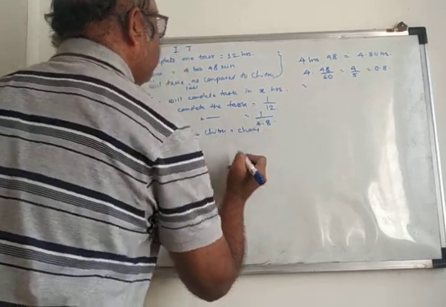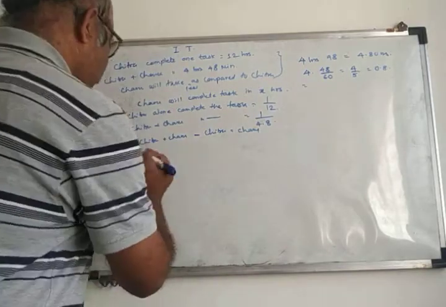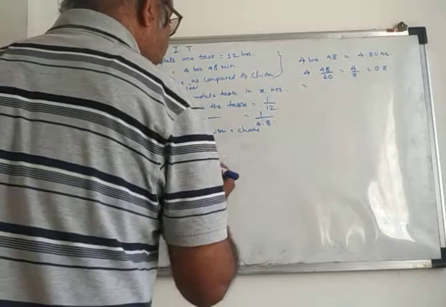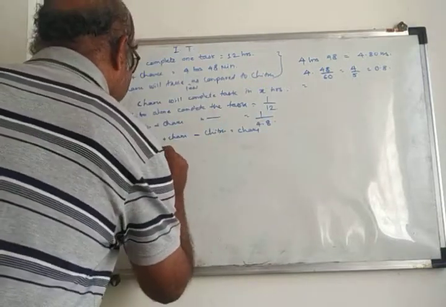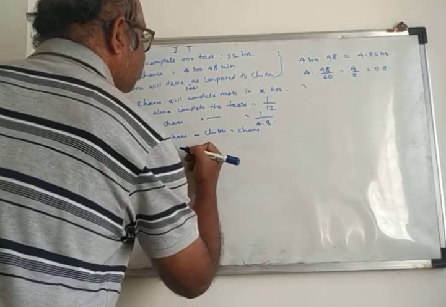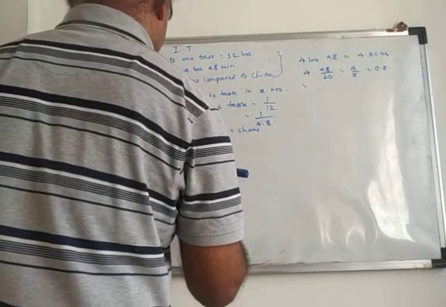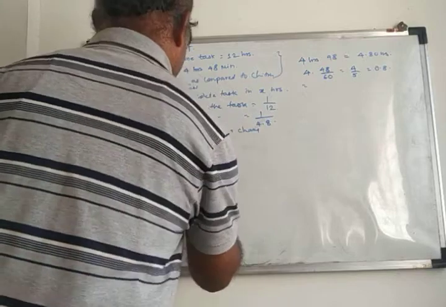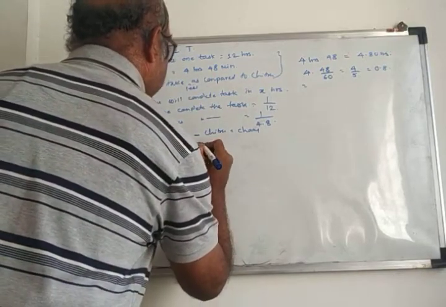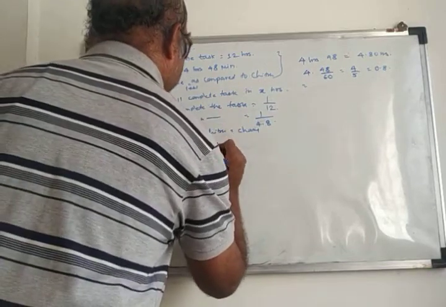This is a very simple equation. Chitra cancels and it becomes Charu. So Chitra plus Charu, 1 upon 4.8, minus Chitra alone, 1 upon 12, is equal to 1 upon x.